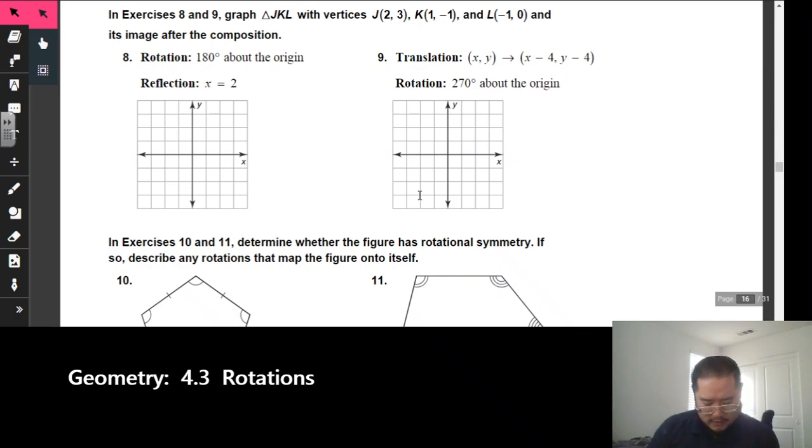So first things first, let's go ahead and plot these points. So we have 2, 3. I think the easiest way for us to do this, let's say we could do intervals of 1. So we'll plot point J as 2, 3.